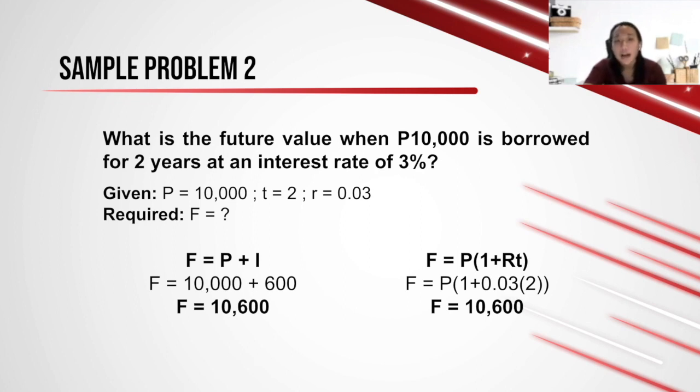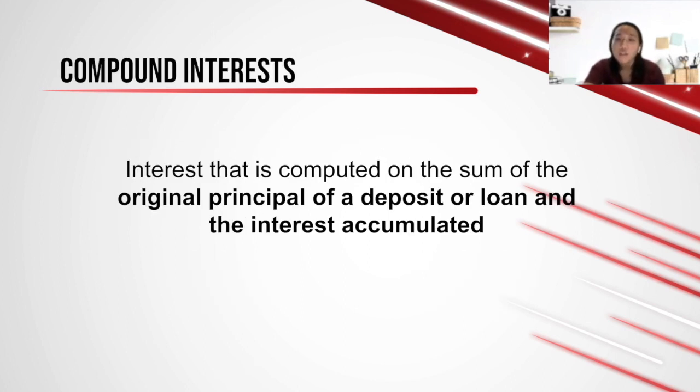We can check our answer by using the second formula, F = P(1 + RT). We input the values, which gives us the same answer of 10,600 pesos. Now that we've learned about simple interest, it is time to go to compound interest.